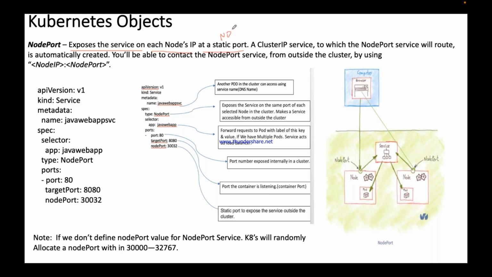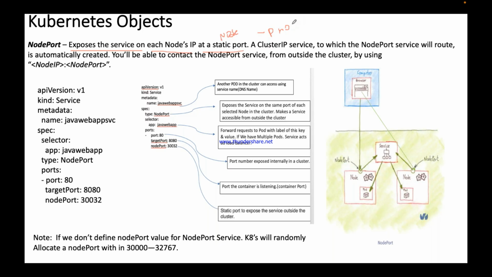Which means it is like port mapping in Docker or Docker Swarm. In Docker or Docker Swarm, are you doing -p, host port and container port?